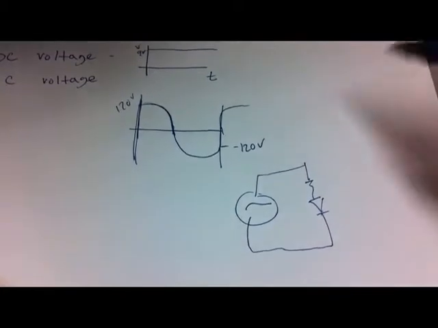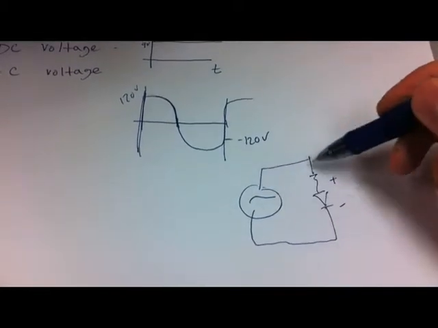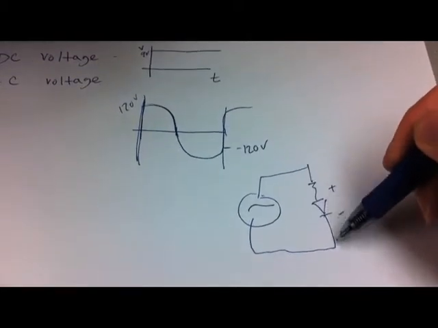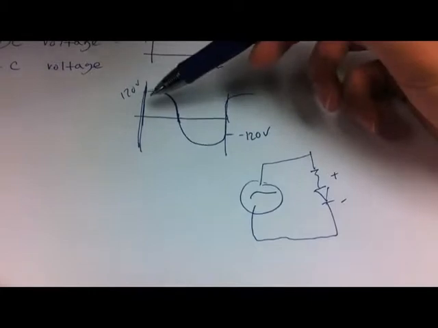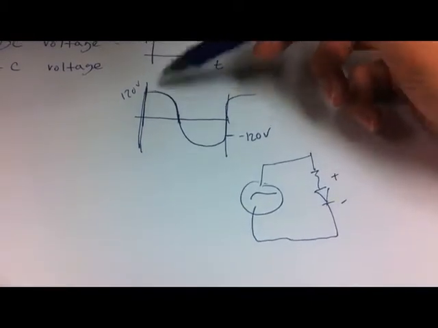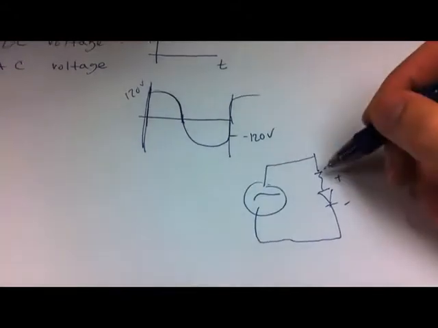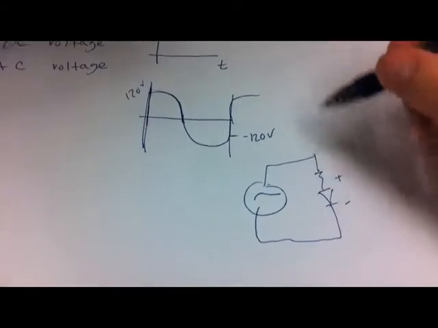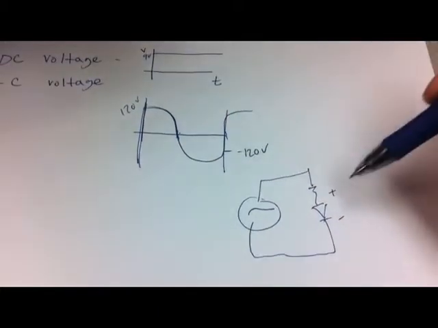LEDs have a polarity, a positive side, a negative side. Positive voltage comes in, the negative side's to ground. So when we have positive 120 volts, depending on how the LED is rated, it'll light up. But once it gets to here, there's 0 volts and then negative volts, so it won't light up.